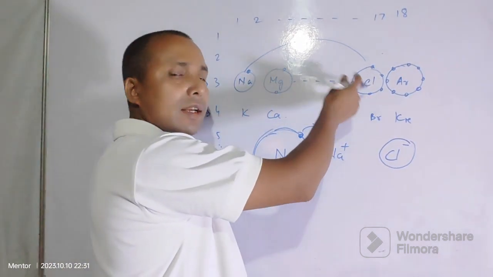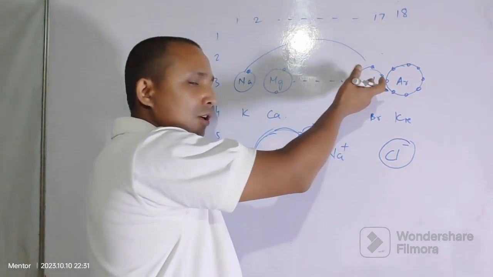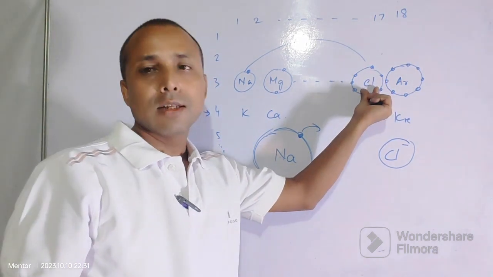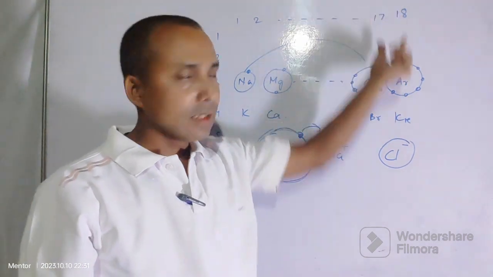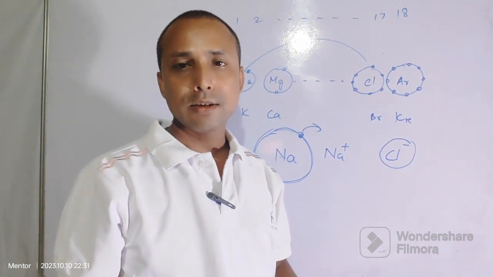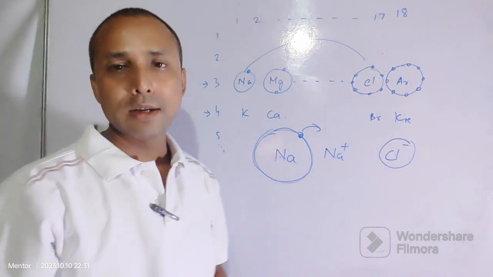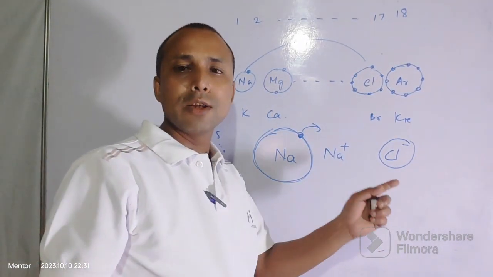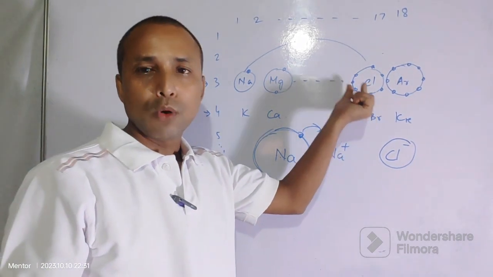Non-metallic property increases because each of these elements wants to gain electrons. On this side at the last is chlorine, and then argon is there. Of course argon is in group 18, an inert gas, so forget about that group, just go up to the 17th group. In the 17th group, the last is chlorine, so chlorine is more electronegative.